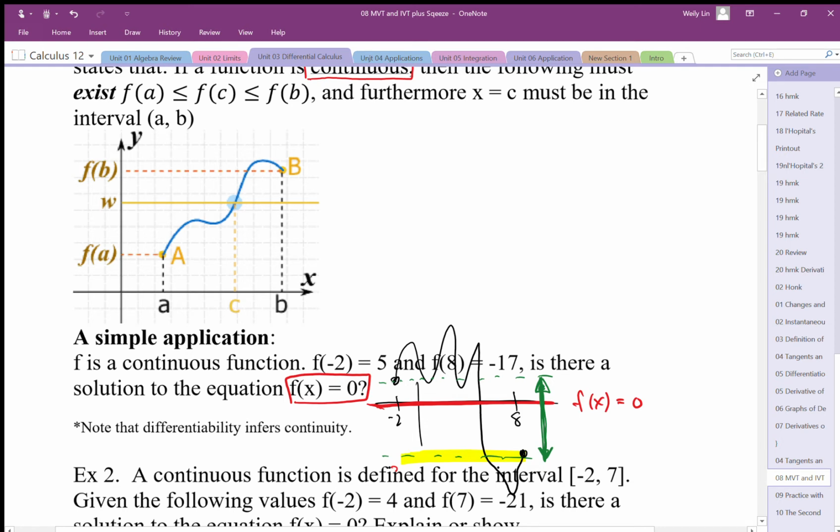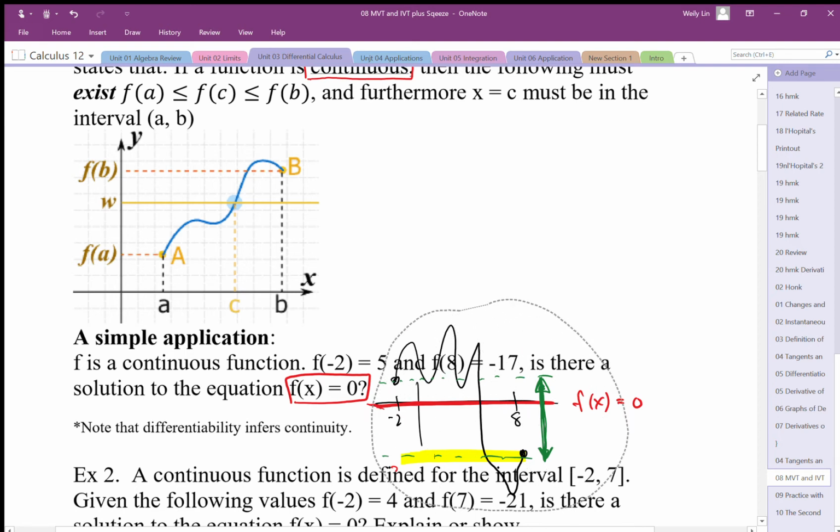Okay. Now, what the intermediate value theorem doesn't say is that it can't go past these bounds. Okay, so clearly the way I've drawn this graph, the graph actually goes above 5 and it goes below -17. Okay, down here.